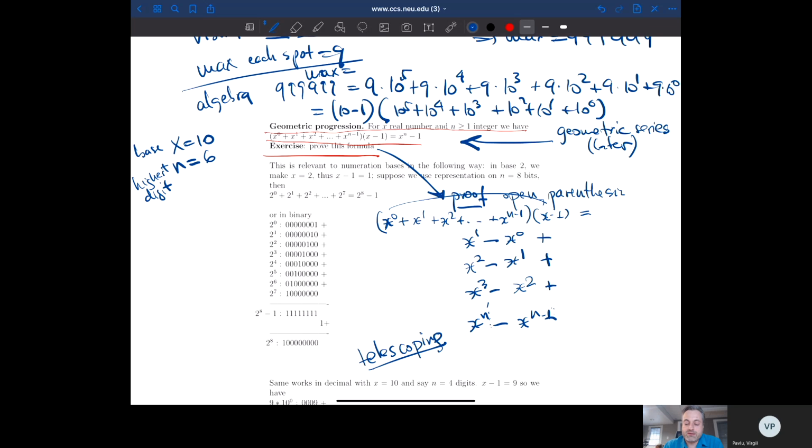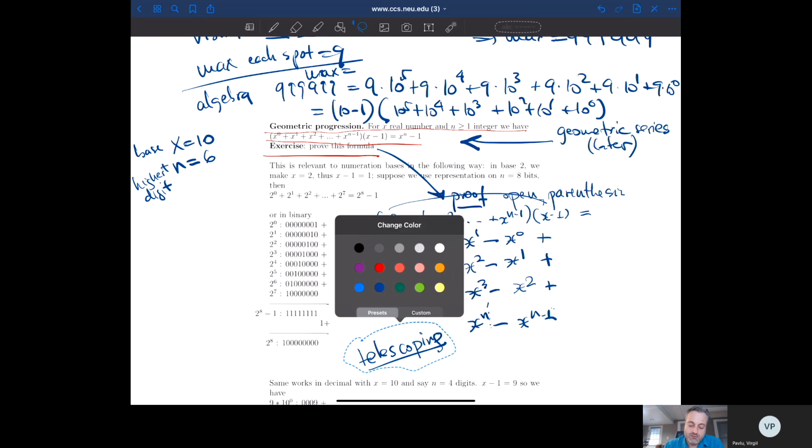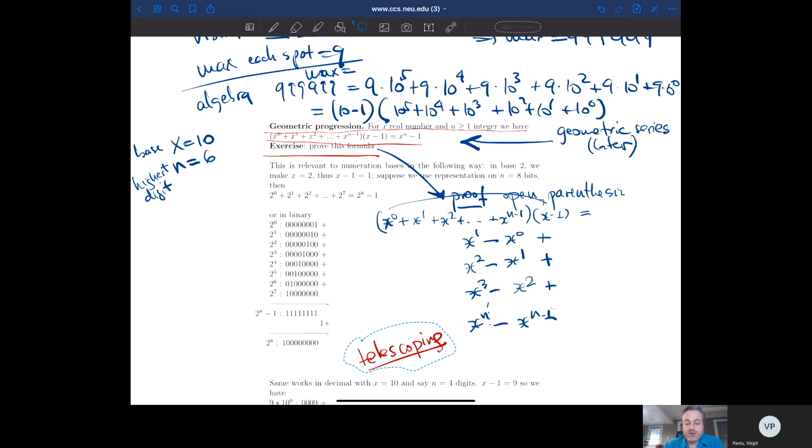What telescoping means, maybe I should write this in red. Let me make this color red. Okay, telescoping. So how does telescoping work? Look, x1 here is the same as x1, so this kind of goes away. And then x2 goes away with x2, and then this x3 will go away with this x3, and this x n minus 1 goes away with x n minus 1.